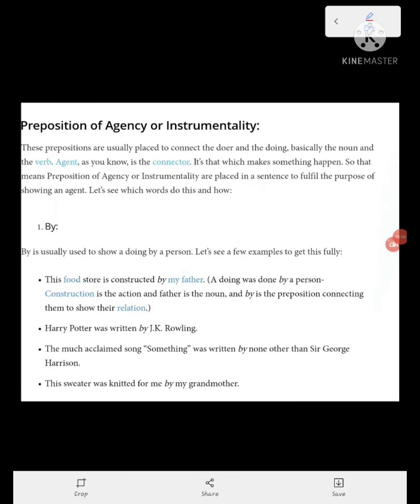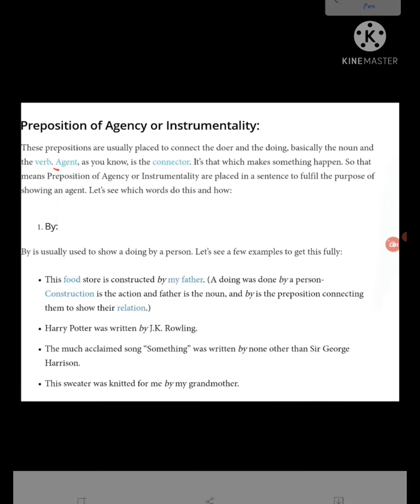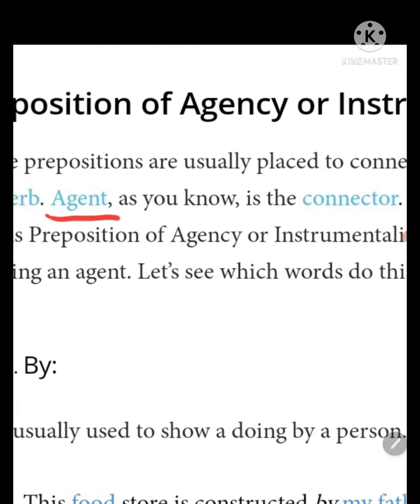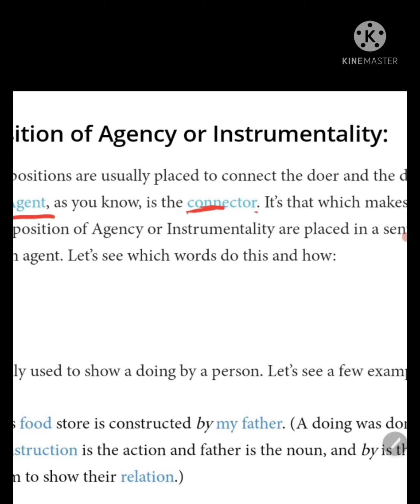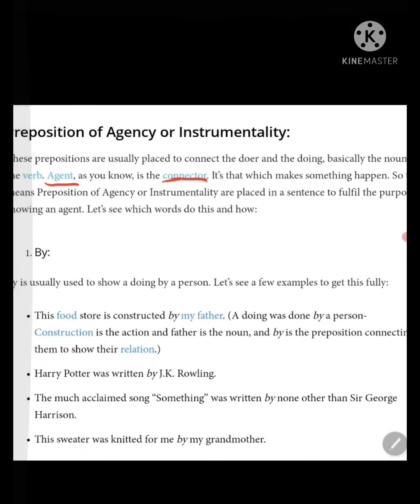Now let us look at this chart. Preposition of agency or instrumentality. What is this agent? Agent is nothing but a connector. Is it okay? Now let us see what is what.